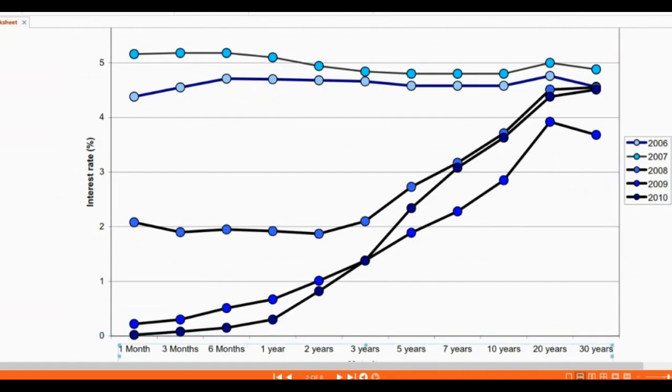Sophia points out that they're all either upward sloping or flattish. That's right. I guess the one for 2007 kind of slopes down for a little bit.